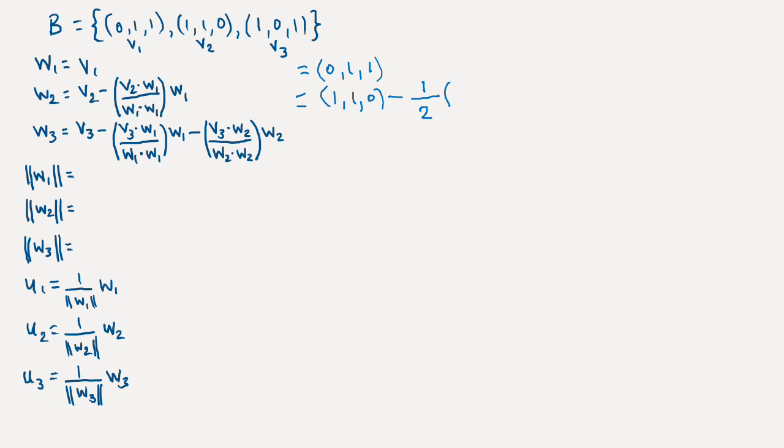And that's going to multiply the vector W1, which is 0, 1, 1. So that's going to give us, for the first coordinate, 1. Second coordinate will be 1 minus a half, so a half. And third coordinate will be 0 minus a half, so minus a half.